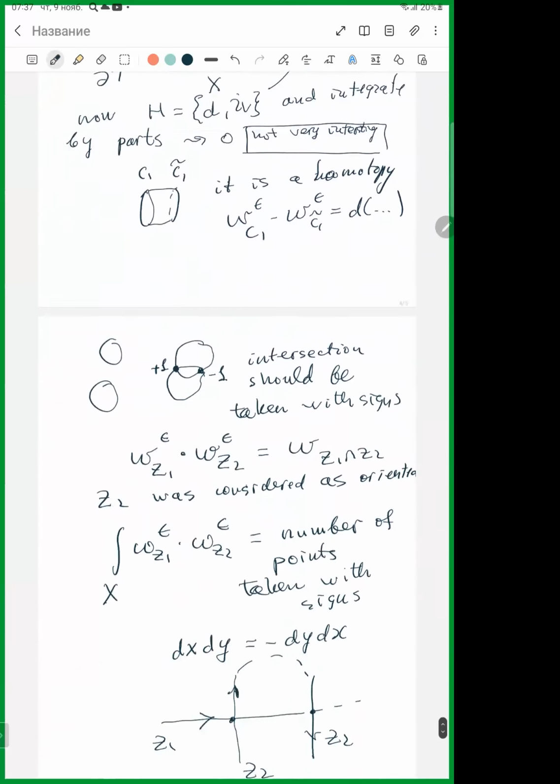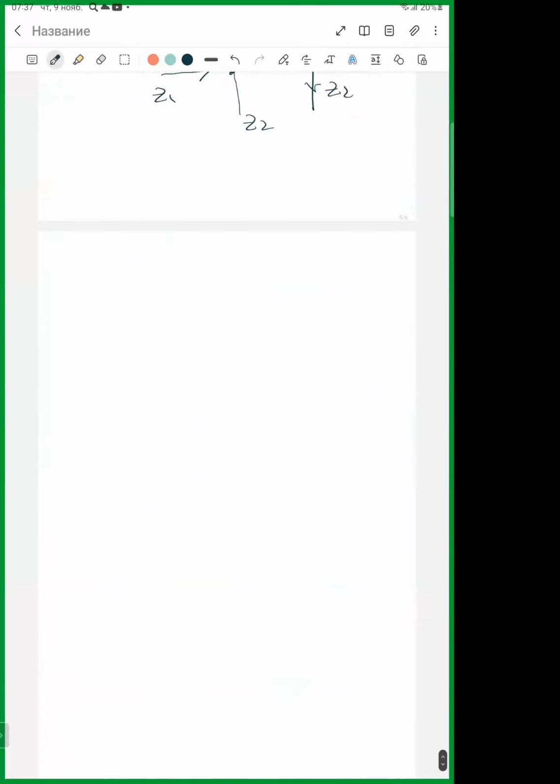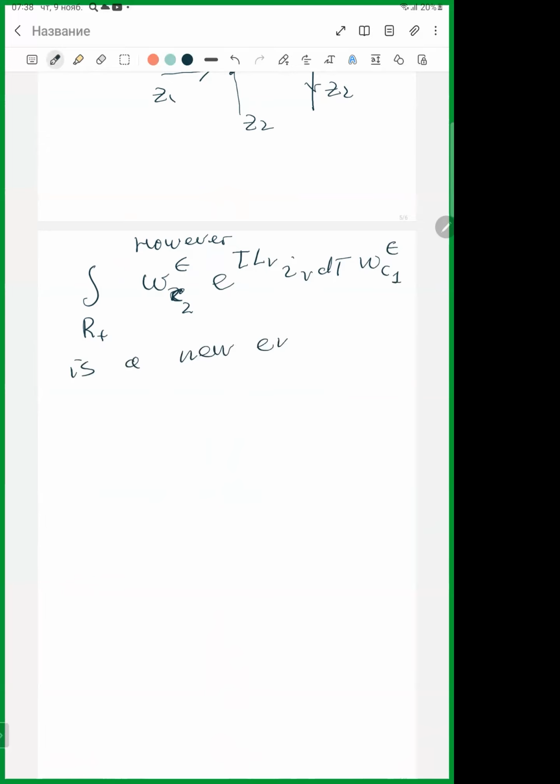However, the integral over R plus of omega, and here I put cycles, c2 epsilon e to the, let me be very explicit here, iv dt omega c1 epsilon is a new enumerative problem.